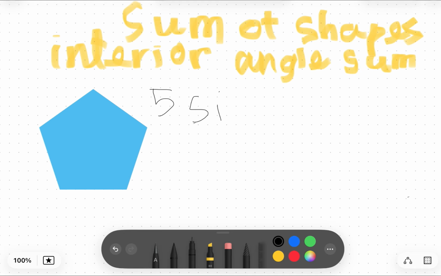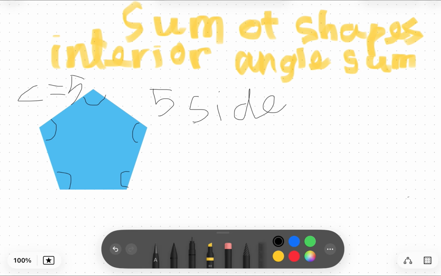Now this is what we know about the shape. It has 5 angles, so angles are equal to 5. And that's all we know, really.